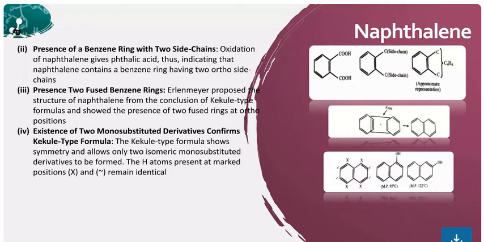The Kekulé type formula shows symmetry and allows only 2 isomeric monosubstituted derivatives to be formed. The hydrogen atoms present at the alpha positions remain identical.